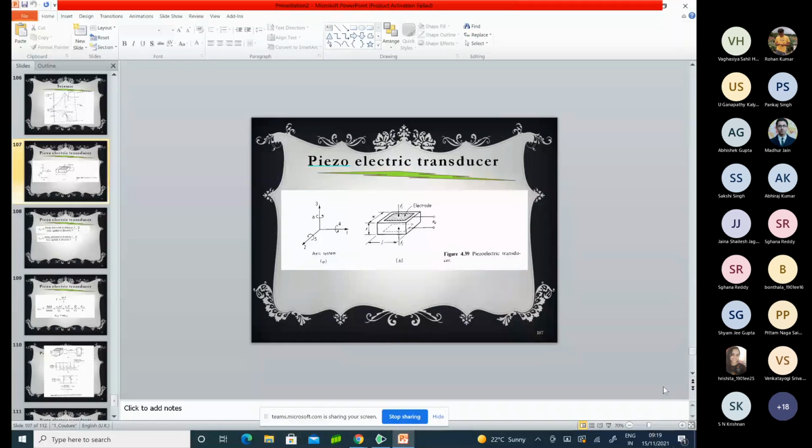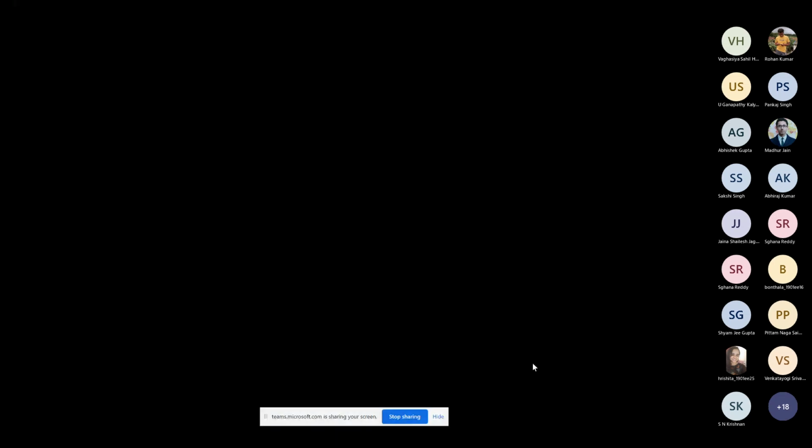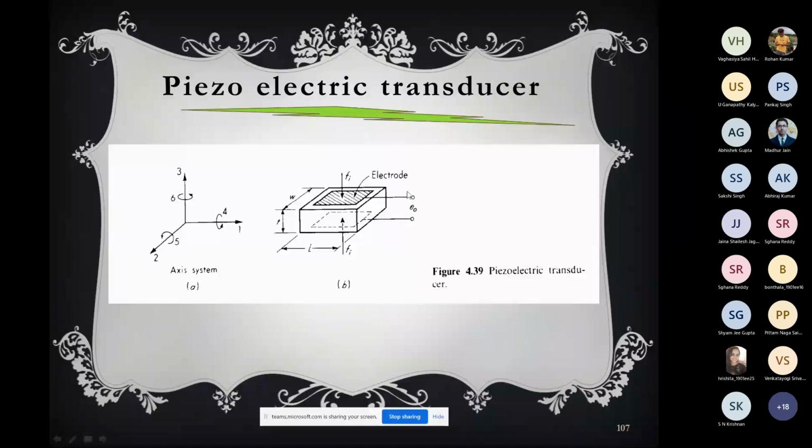You need to build an electrode on the surface of the piezoelectric material, and then you attach wires to the electrodes, two wires, and you measure the voltage difference between the two wires. You calibrate it to force or pressure or displacement, whatever. So this is the main concept.